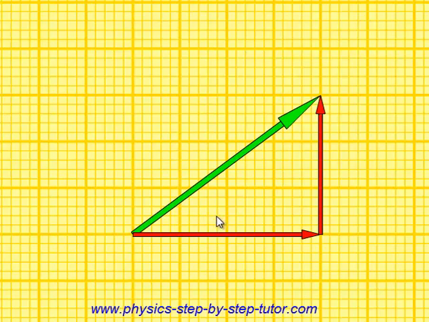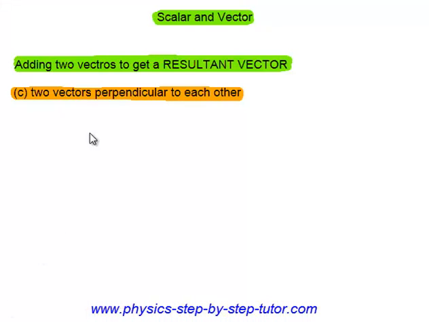And if you work it out, you'll get this one to be 36.9 degrees, 36.9 degrees from the 4 newton force. So that is how we can add two forces which are acting at an angle of 90 degrees with each other.